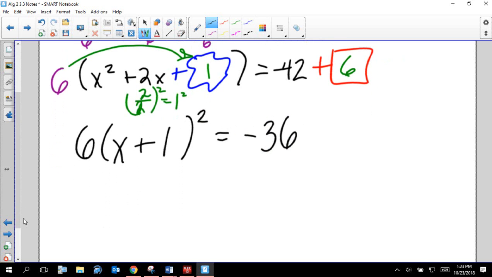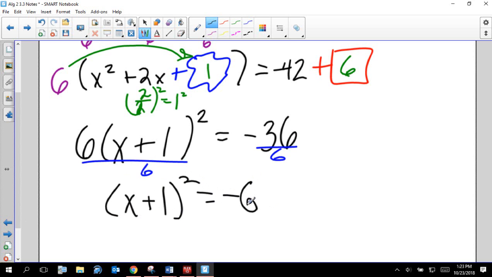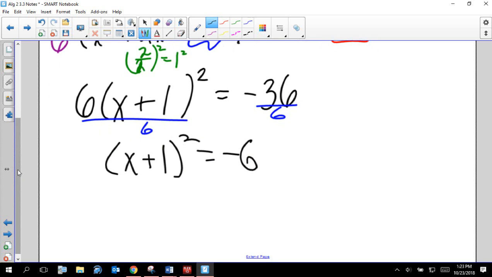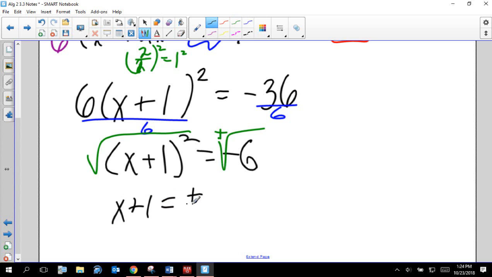What is my next step? Divide by 6, perfect. So now I have x plus 1 squared equals negative 6. What's the next thing I need to get rid of? Squared. But if I square root, okay, so I am square rooting a negative 6.